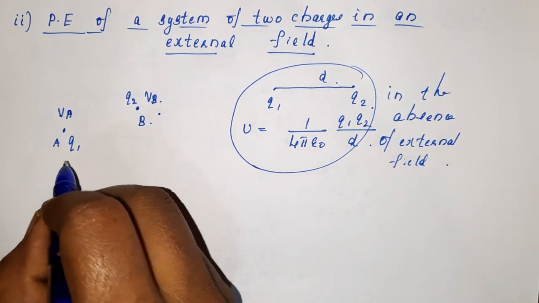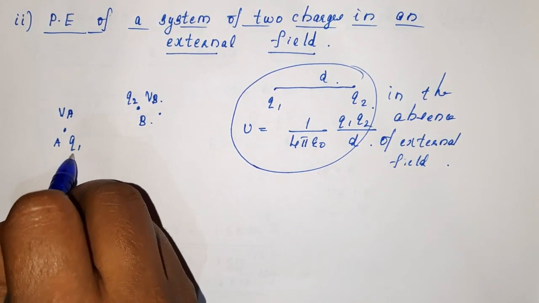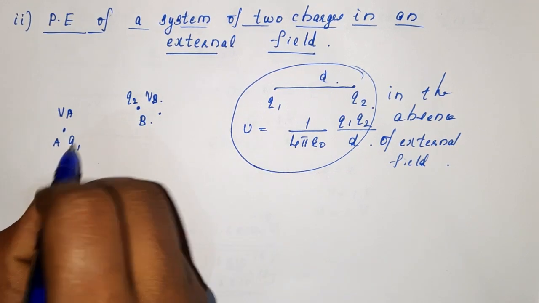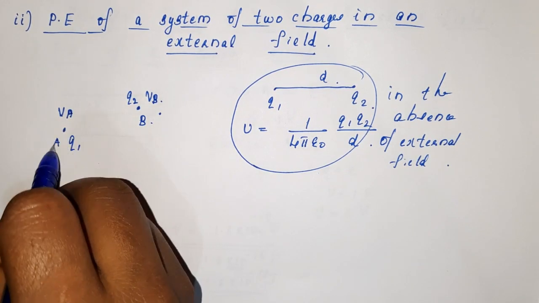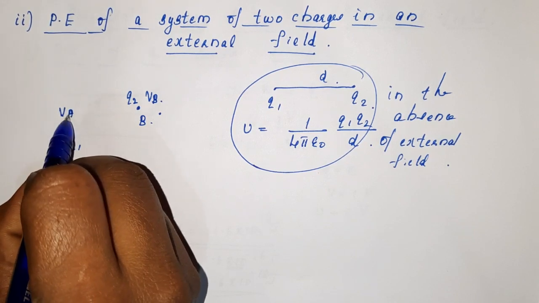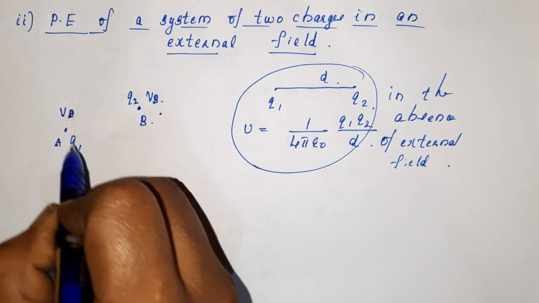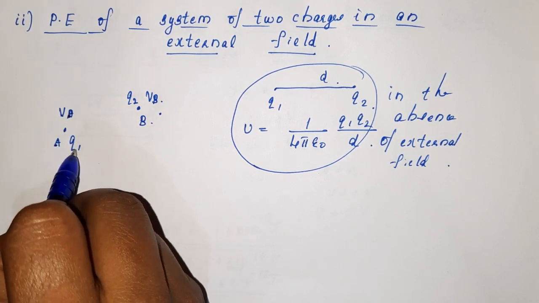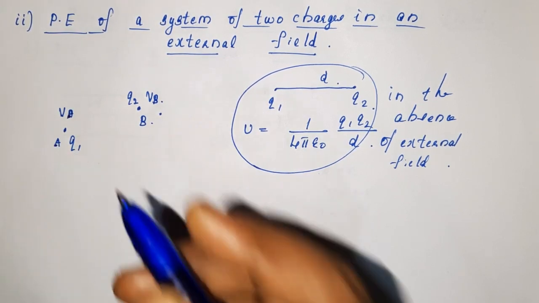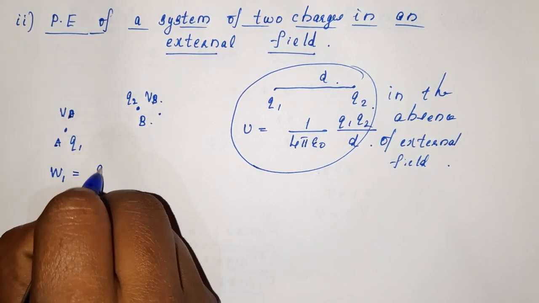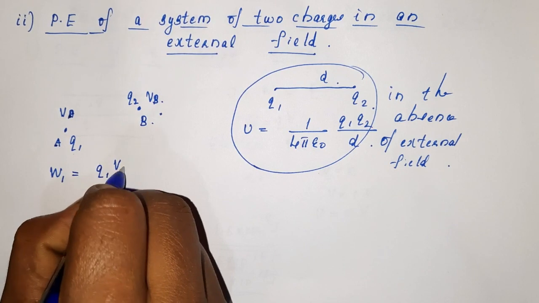First let's assume the charge Q1 is brought to the position A where the potential is VA. So how much work is to be done to bring the charge Q1? Work done W1 is equal to Q1 into VA.